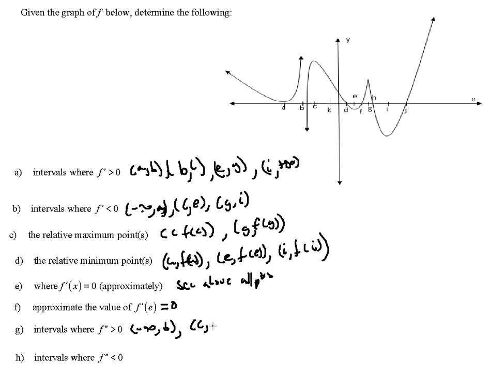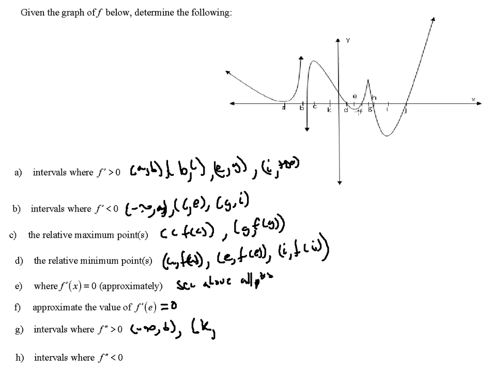Actually, C was a relative max, and it didn't change the concavity there. I'm going to say it's K, because that's where I intended the inflection point. When I stretched out this graph, it looks a little more like it's there, but they were saying D.